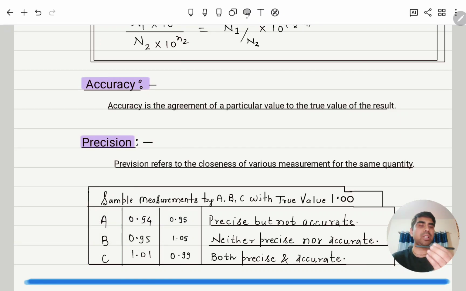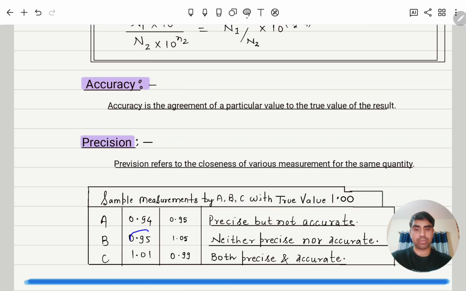But the sample length is 1 centimeter only. So you can see these are not near to 1, but yes, both numbers are close to each other. So both measurements are precise because they are close to each other, but they are not very accurate to the true value, hence not accurate.